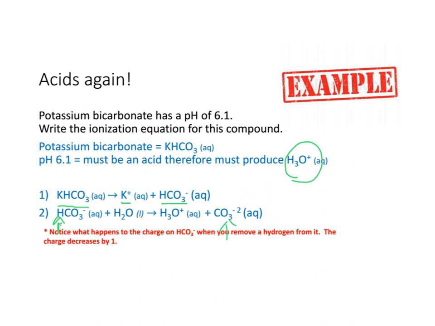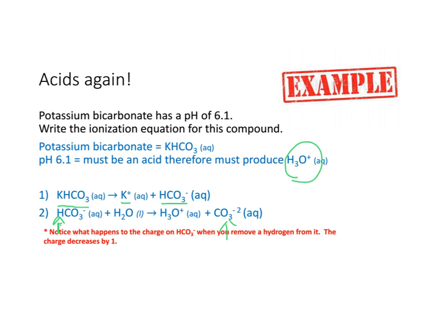It's also important to balance the charges here. We note that on the left-hand side, on the reaction side, the net charge is -1 and 0, so -1. So on the right-hand side, the product side, what's the net charge? We have one positively charged molecule and one molecule that's doubly negative charged, so the net charge is -1.